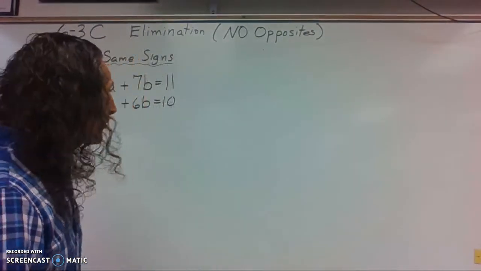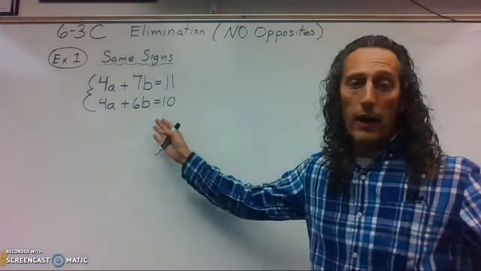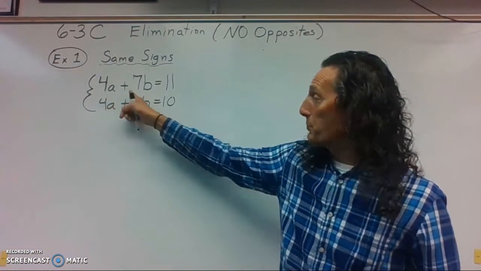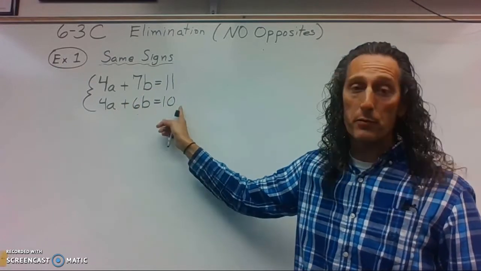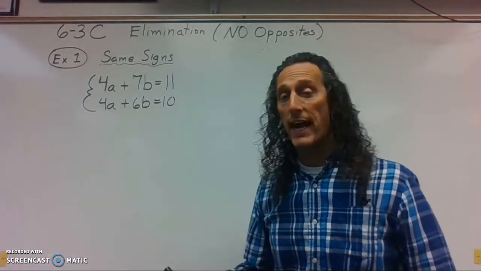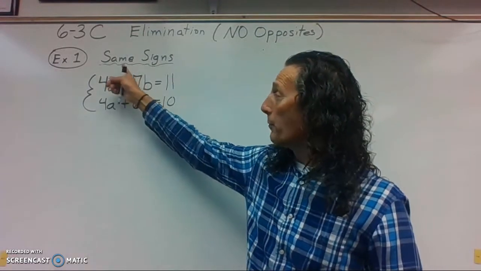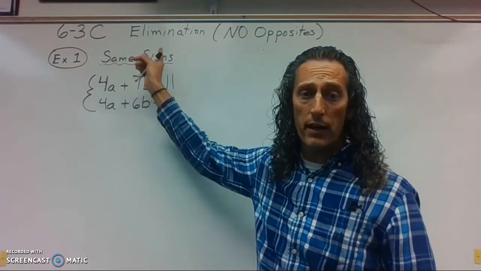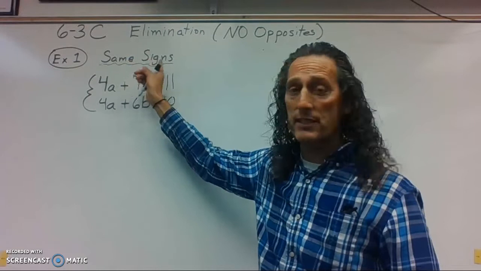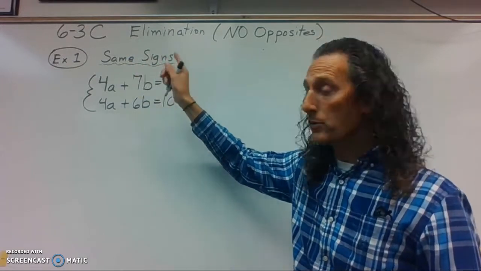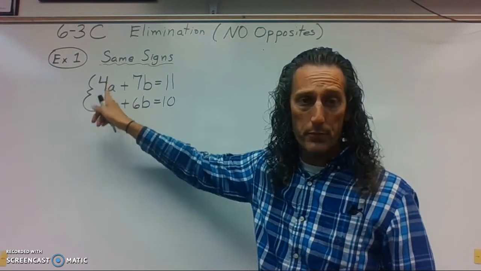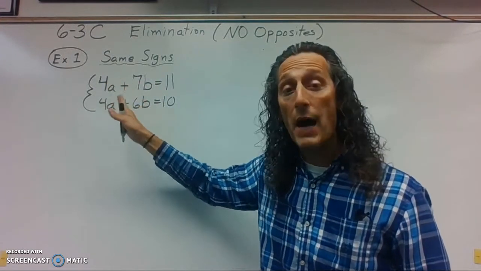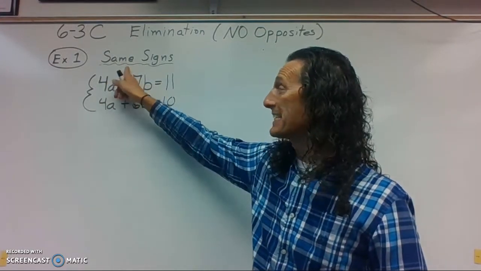All right, so here is our first example. It says 4a plus 7b equals 11, and we have 4a plus 6b equals 10. So if we take a look at it, we have the same signs, okay? So I have a 4a and a 4a, but the problem is there's not opposites just because they're the same sign.